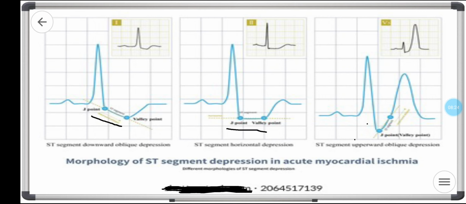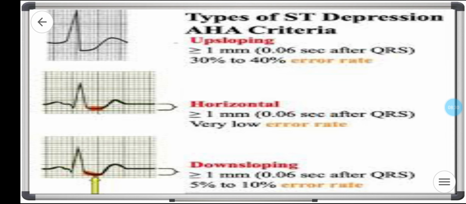Here you can see again, okay, it's downsloping, horizontal, and upsloping ST segment. Here you can see the types of ST depression. So here you see there's upsloping, that has a 30 to 40% error rate.